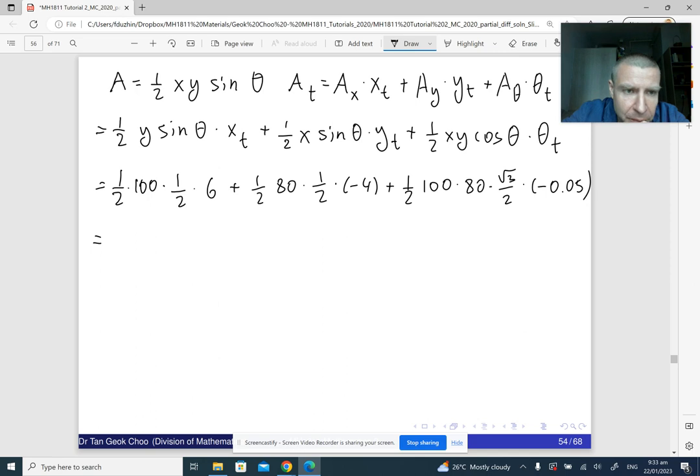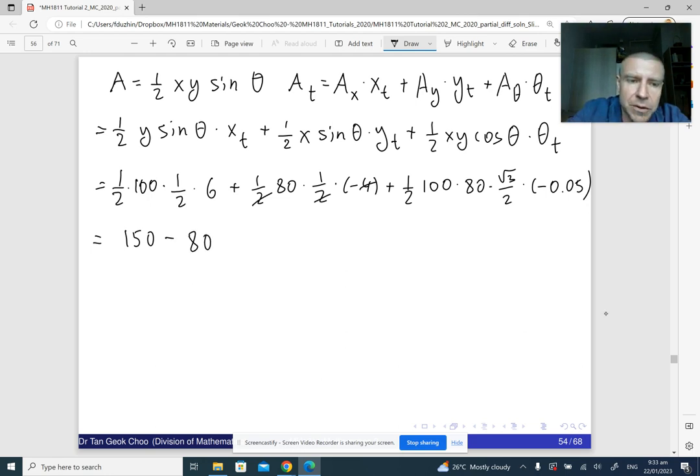So the first term, 100 divided by 4 is 25 times 6 is 150. Second term is, I guess, even easier. It cancels out, so it's just minus, and it's minus 4. Okay, so minus 4, minus 80.